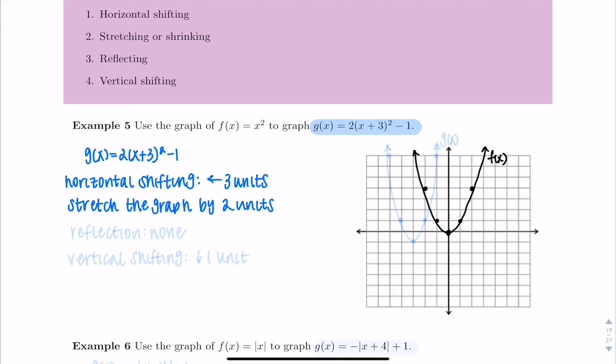Next is reflection. So this is when we have a negative on the x or on the entire equation, which in this case, there is none. And the last thing is vertical shifting. And in this one, we're going to move down 1 unit.